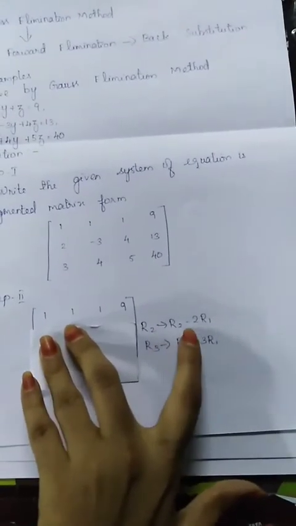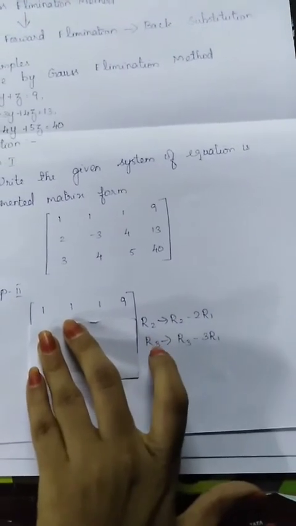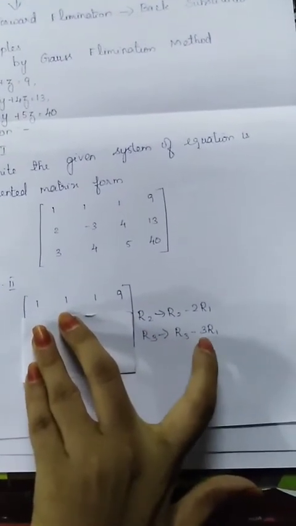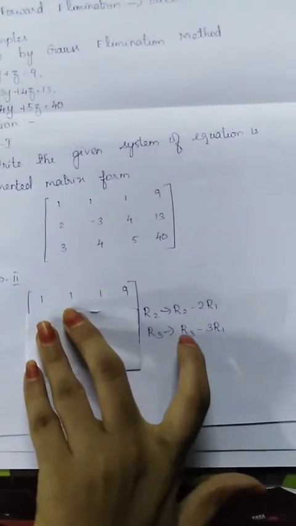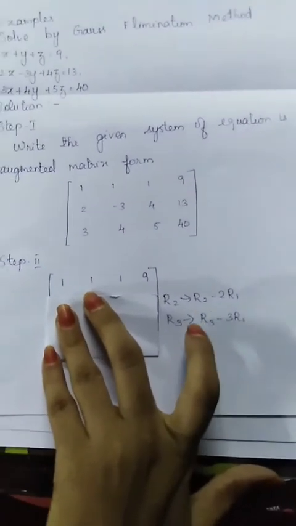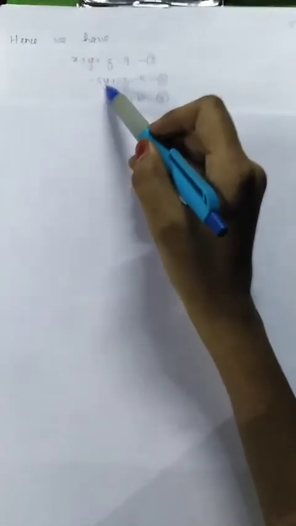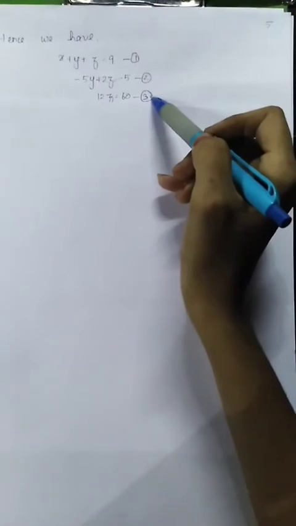Step 2: R2 = R2 - 2R1 and R3 = R3 - 3R1. Step 3: R3 = 5R3 + R2. We get the upper triangular matrix. Hence, we have x + y + z = 9, equation 1; -5y + 2z = -5, equation 2; 12z = 60, equation 3.